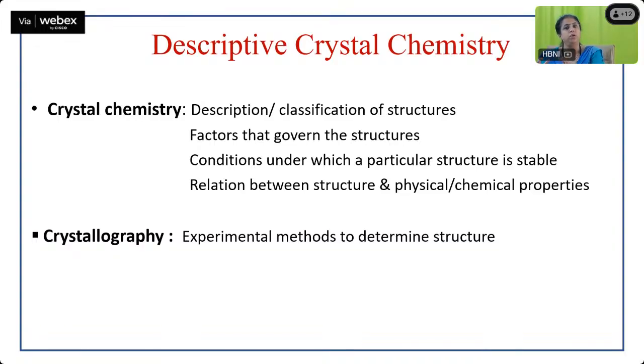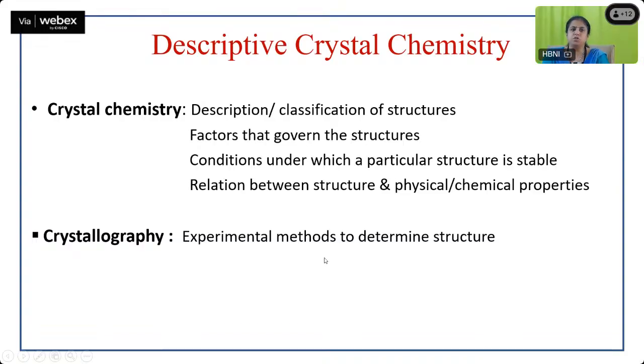What we are looking at, good properties, good functional materials. And the properties ultimately depend upon the crystal structure of your material. Of course, it depends upon chemical bonding and everything, but all of these are interrelated. And crystal structure constitutes one of the most important factors that bring out a property in your material.